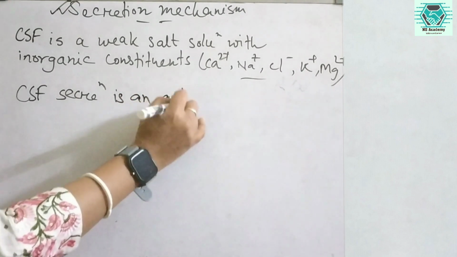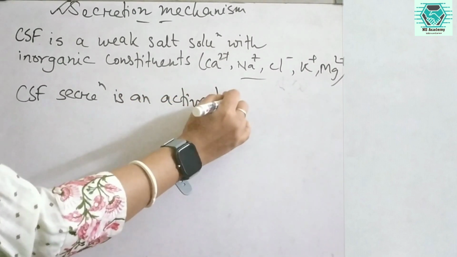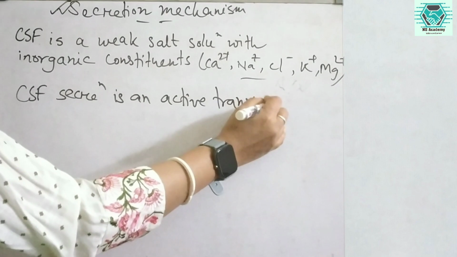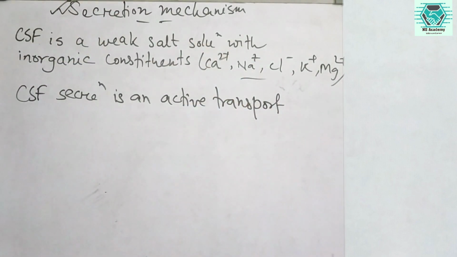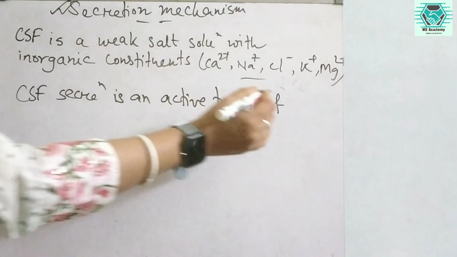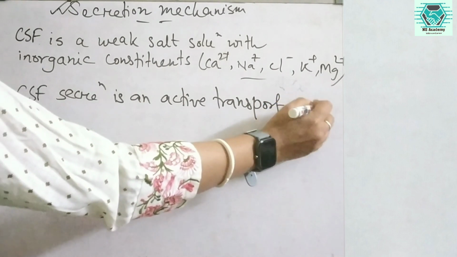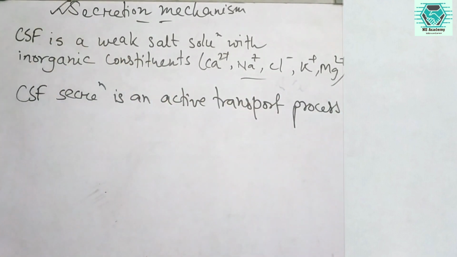Many of you know about the process of active transport. It moves fluid and solutes from the blood plasma into the ventricles, the choroid plexuses being a specialized part of the blood-brain barrier.